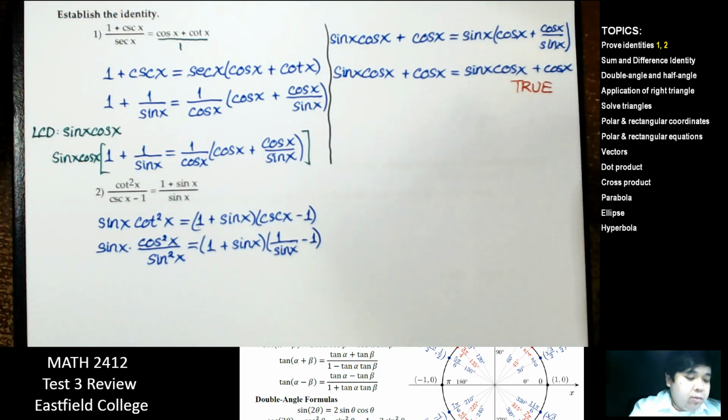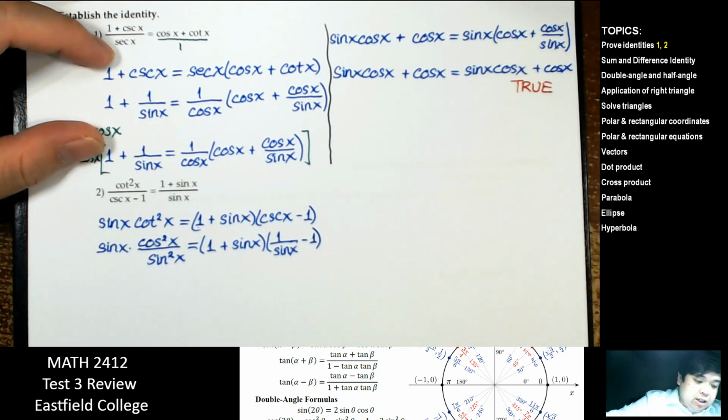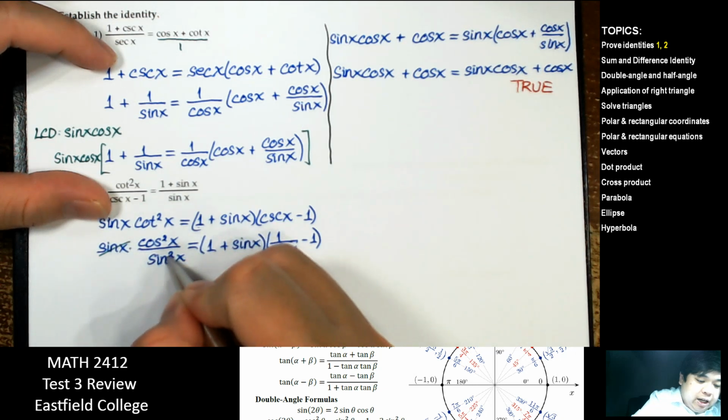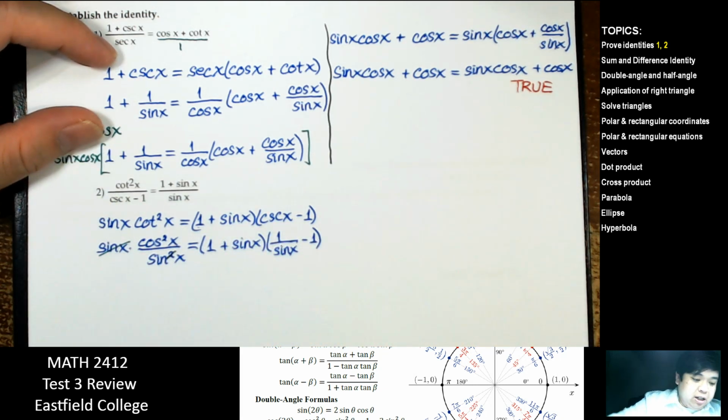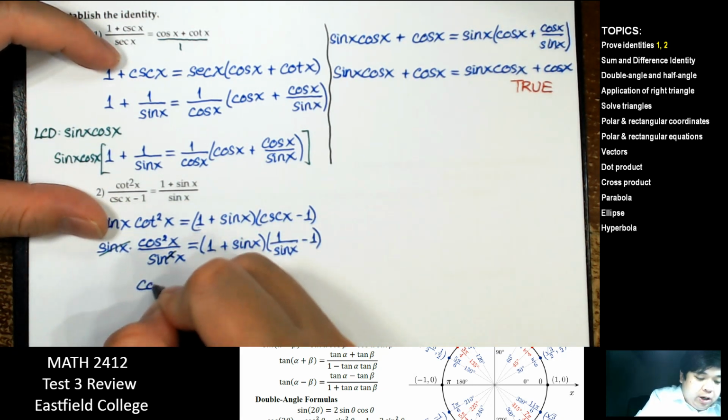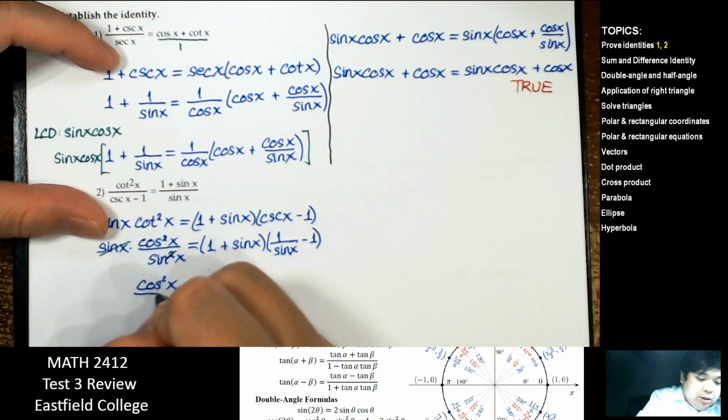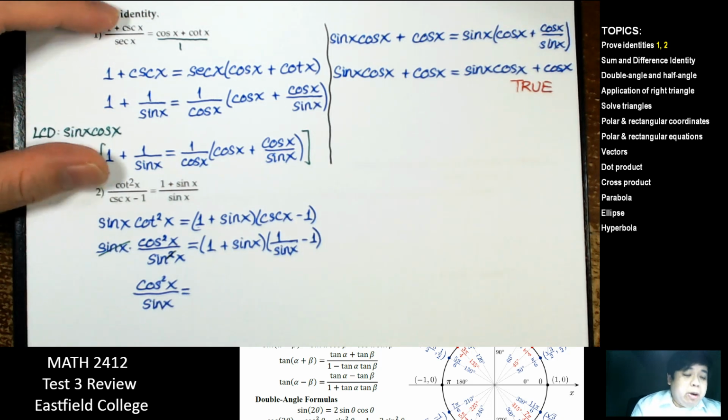Right. Now, first thing we can see is the sine x can cancel with one of the sine x here. We will have cosine square equal to sine x. Now we'll multiply it out.